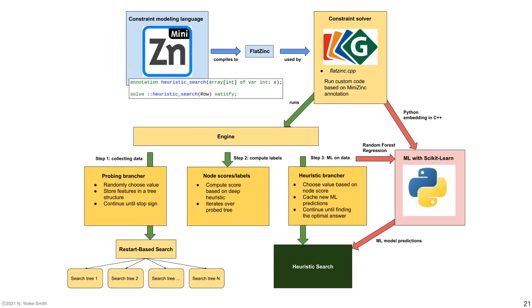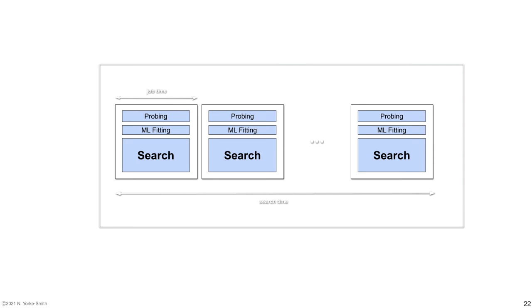I want to mention a little more about how we do our search. So when it comes to the heuristic search, the big green box on the previous page, that's phase 3 of our approach: the probing, the learning, and then the main search. We also do restarts in the main search. And in fact, it's something a little more subtle than this.